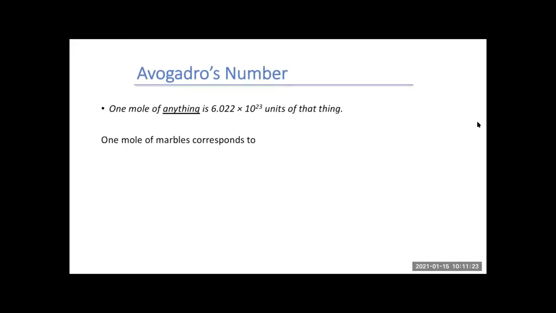All of those could be measured by the number of moles. So I could say 1 mole of marbles equals 6.022 times 10 to the 23rd marbles. A lot of marbles there. Or even grains of sand. That equals 6.022 times 10 to the 23rd grains of sand.